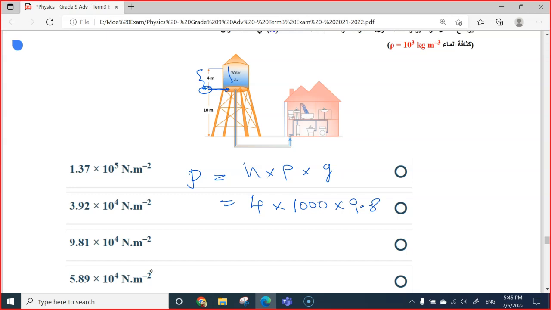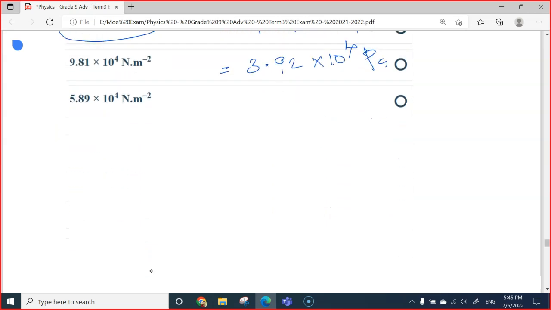So 4 multiplied by 1000 multiplied by 9.8 is equal to 3.92 times 10 to the power 4. So this is the answer: 3.92 times 10 to the power 4 Pascal, or Newton per meter square.